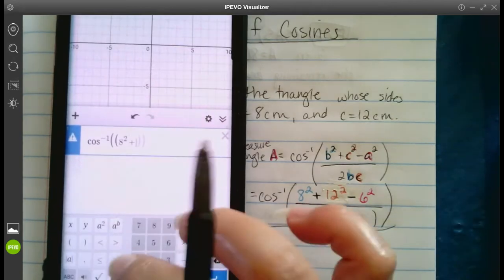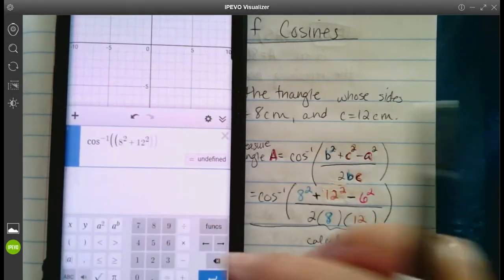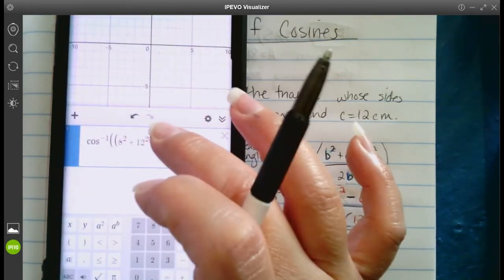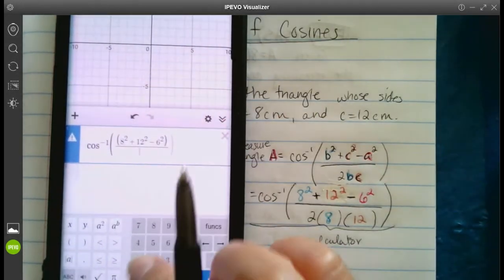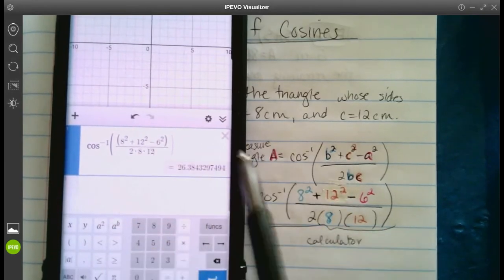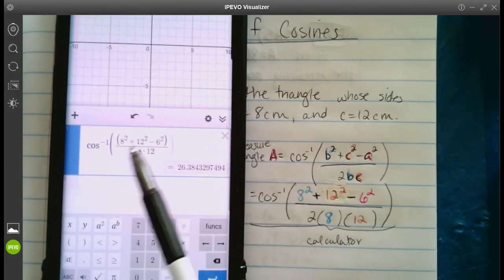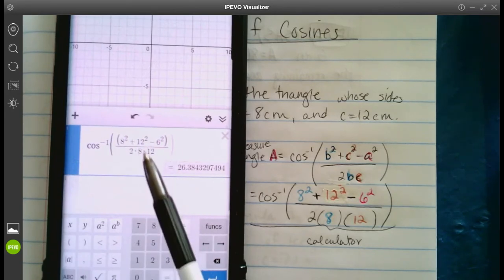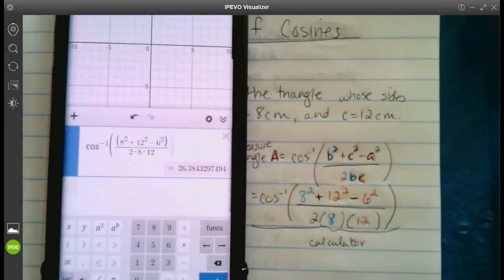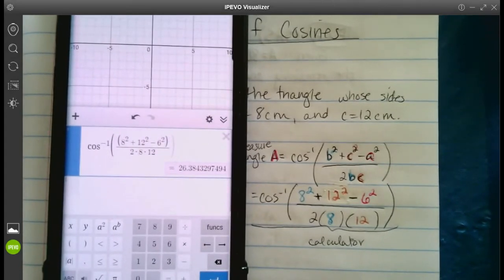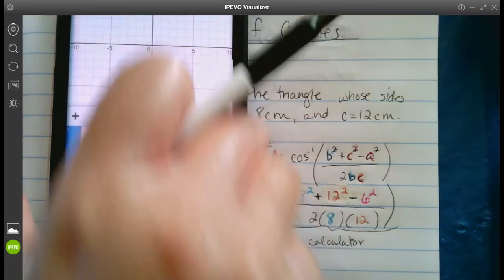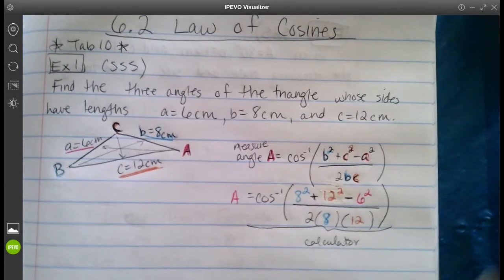So 8 squared plus 12 squared minus 6 squared, move the cursor out, divided by 2 times 8 times 12. Make sure everything matches. The 8, 12, 6, 2, 8, 12, we have a minus in the right spots. Okay, yeah, so we have our angle is about 26 degrees, and I'm going to just kind of round it. So A is 26 degrees.